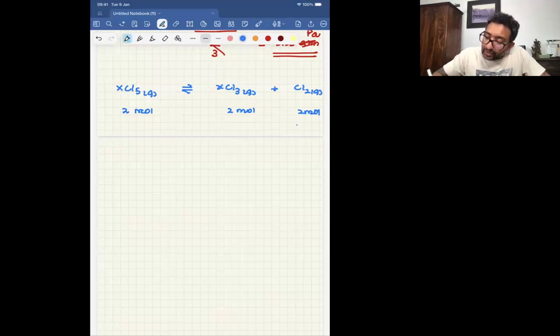When you add chlorine, it doesn't wait till it reaches equilibrium, it starts to reach equilibrium.